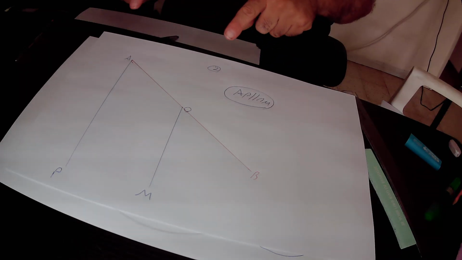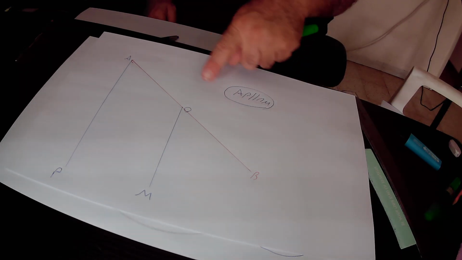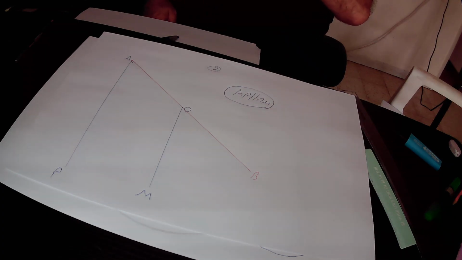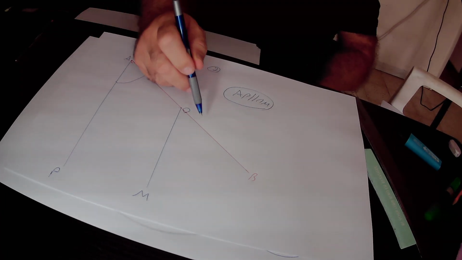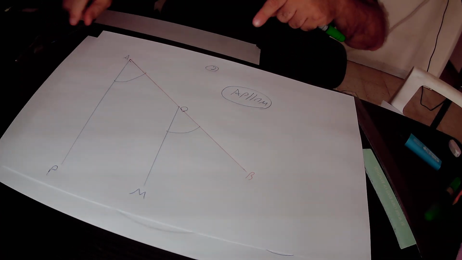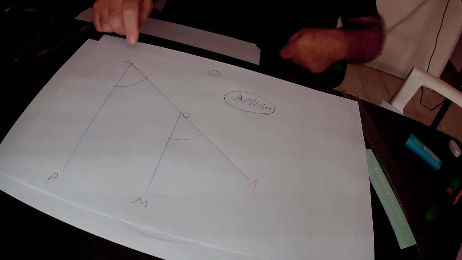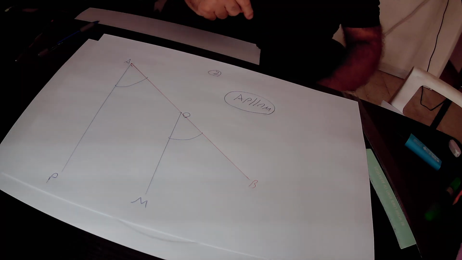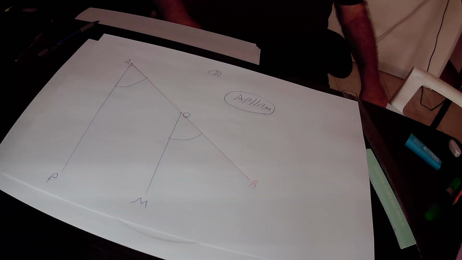Okay, those are the two parallel lines AP and OM. AOB is the diameter of the circle. Those two angles are defined as corresponding angles and they are located between the parallel lines AP and OM, and therefore they are equal to each other according to rule 50.